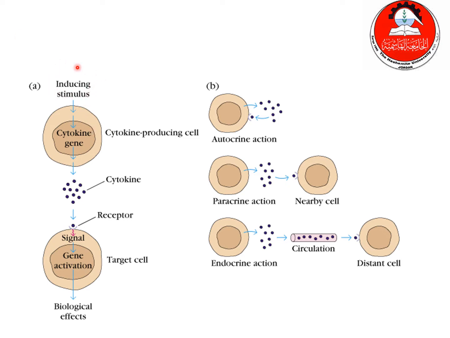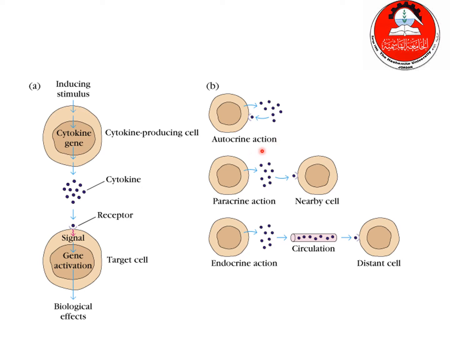So we have here the inducing stimulus. It's going to activate the cytokine gene. The cytokine is going to be produced by this cell, and then it is going to affect the neighboring cells by binding to the receptor on the neighboring cell. This is going to lead to gene activation of the cytokine, and this is going to give the end result or the biological effect of the cytokine released.